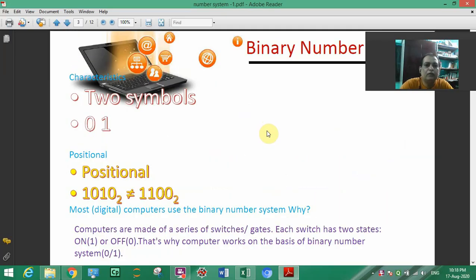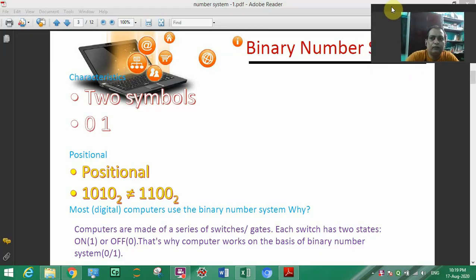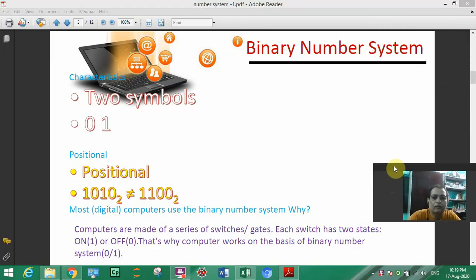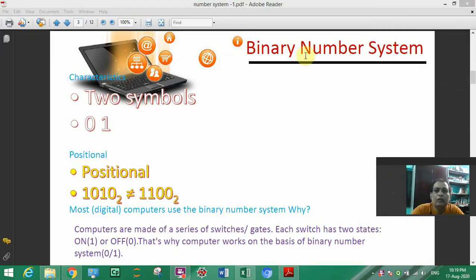Similarly, next is the binary number system. In the first definition I told about different types of number systems. Out of that, one number system is the binary number system, and it has two symbols. Two symbols means two digits only.